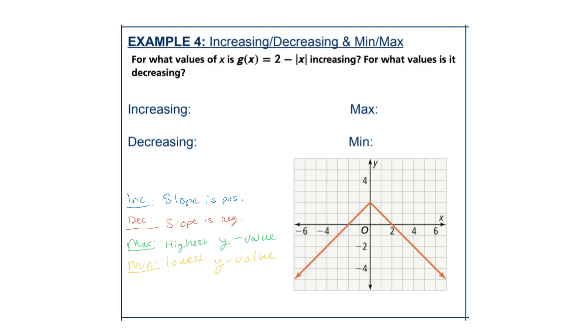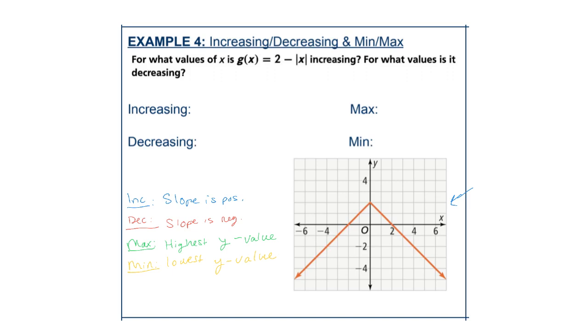All right. So now let's go into solving this. We're looking at the function 2 minus absolute value of x. The picture's right here. To find where it's increasing, we want to find where the slope is positive.